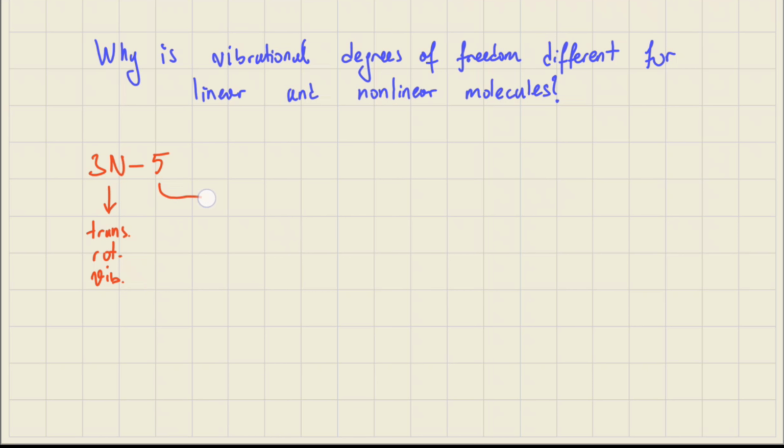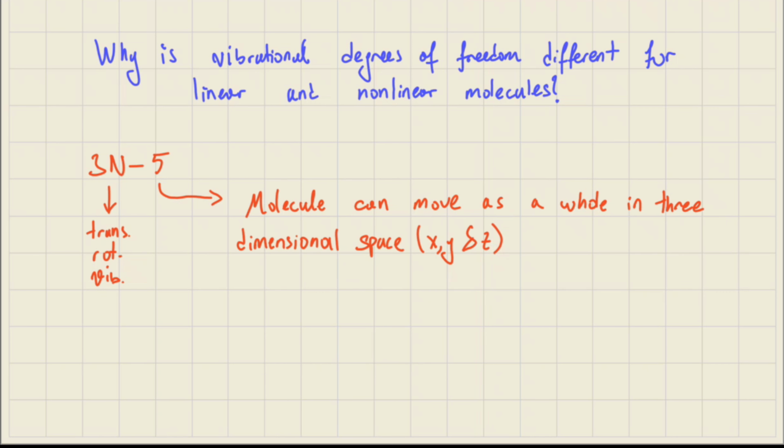And minus 5, one of the sources of the minus 5 is the translational modes. So a molecule can move as a whole in the three-dimensional space, x, y, and z. This accounts for 3 degrees of freedom.